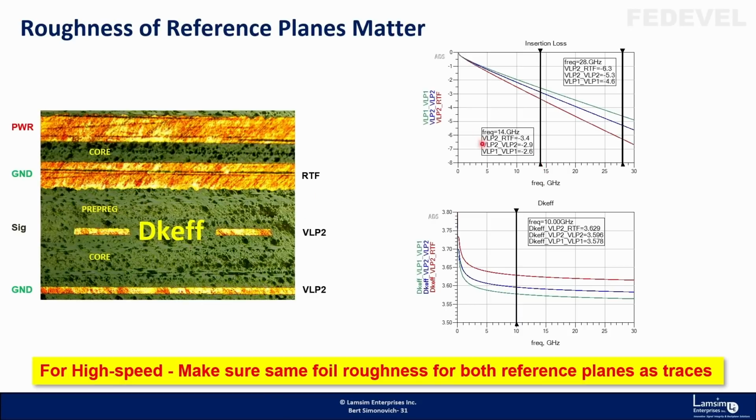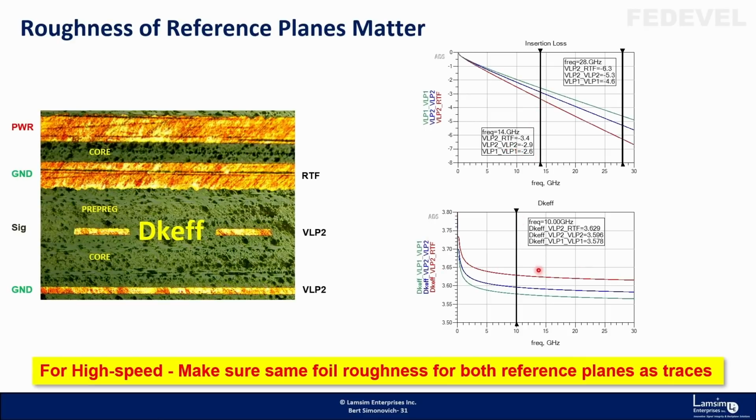And if you go to VLP2, which is smoother, like if they were all the same, you get some improvement, as you can see in blue. And green, if you went smoother still, smoother than VLP2 on all of them, you'd have even less. So you've got a 3.4 to 2.6 difference between the smoothest and that.